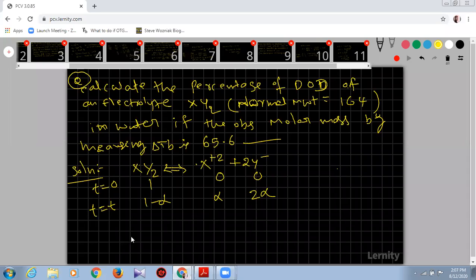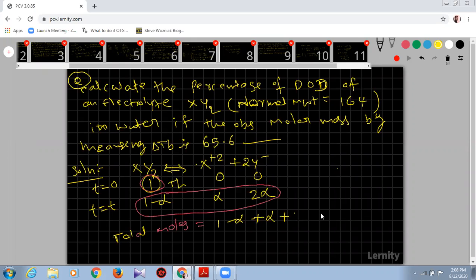Now the total: this total is theoretical, and this is observed. Taking the moles, 1 minus alpha plus alpha plus 2 alpha, that means 1 plus 2 alpha.